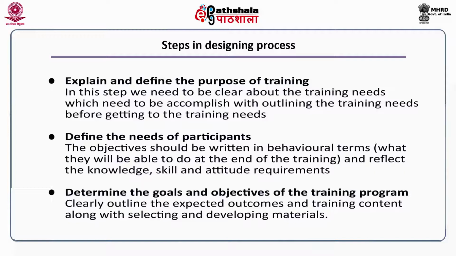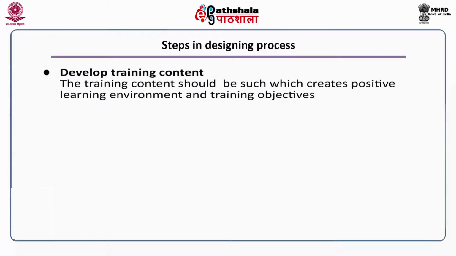Third, determine the goal and objective of the training program. Clearly outline the expected outcomes and training content along with selecting and developing material. Fourth, develop training content. The training content should be such that it creates a positive learning environment and training objectives are met.